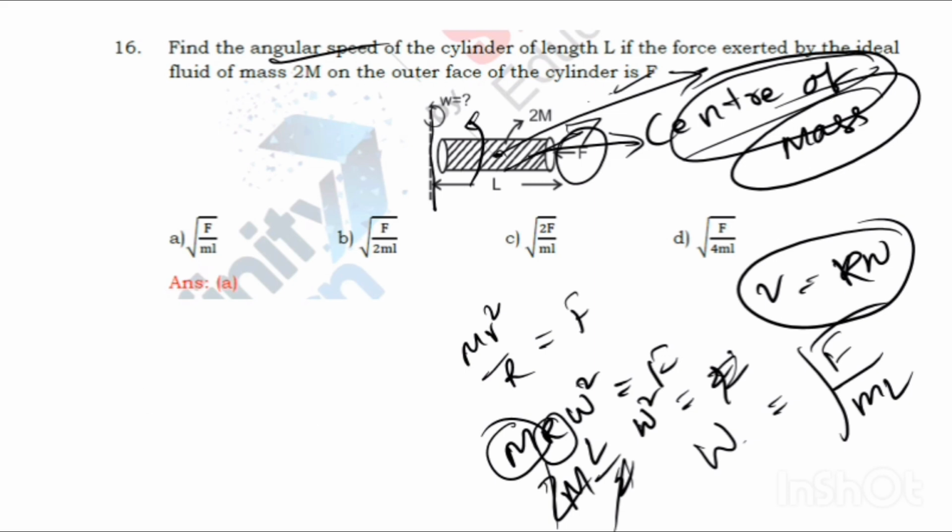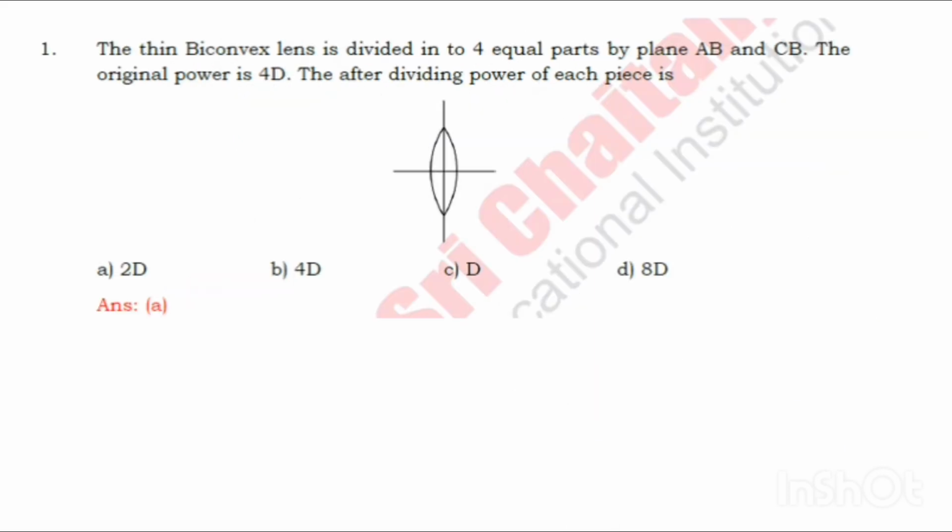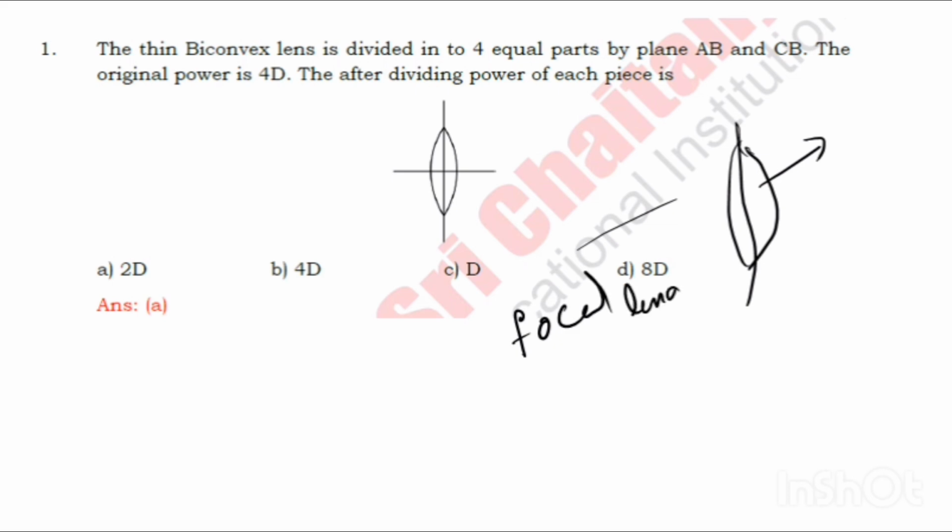Now see here, this biconvex lens is divided into 4 parts, right? We know if we divide vertically, half of the curved nature of the lens is missing. So the focal length gets doubled, right? 2f, right?